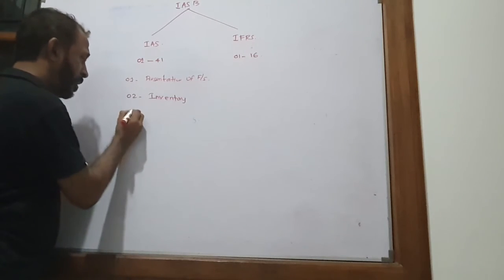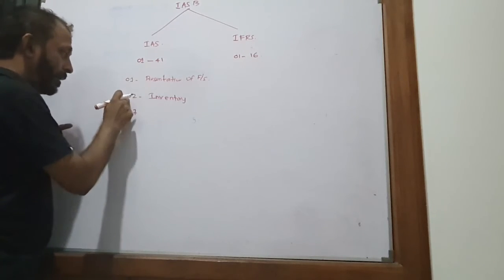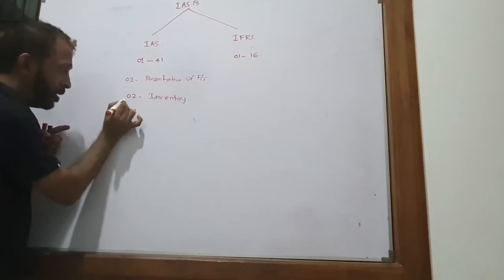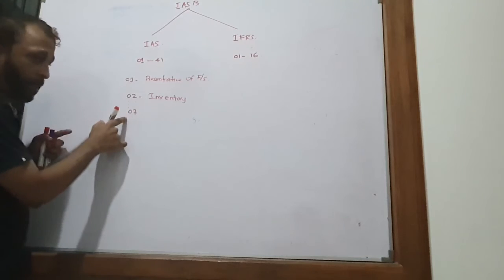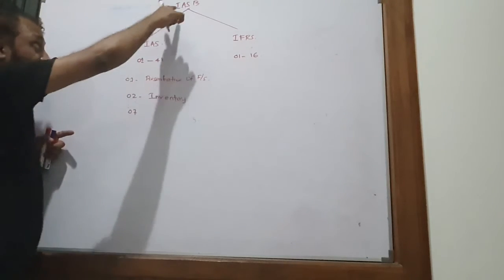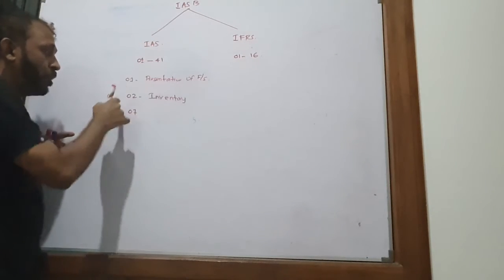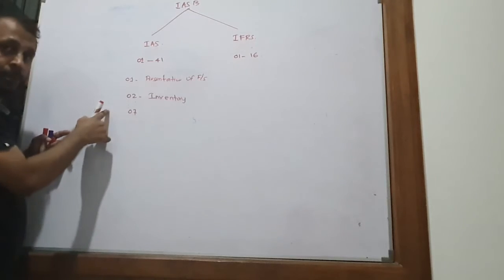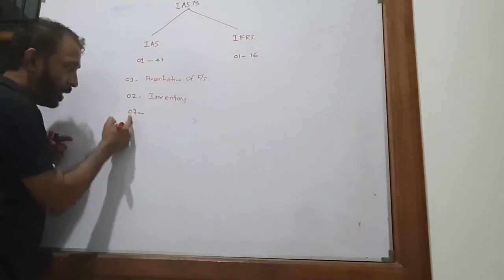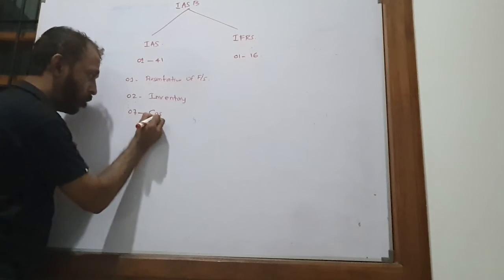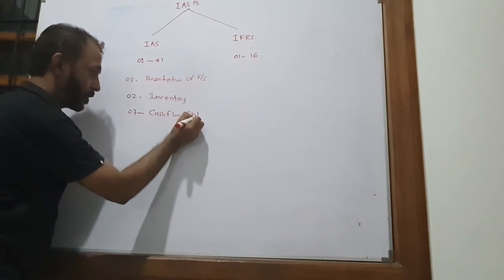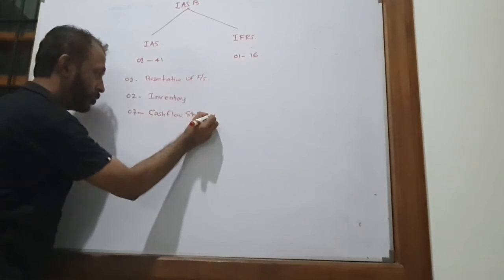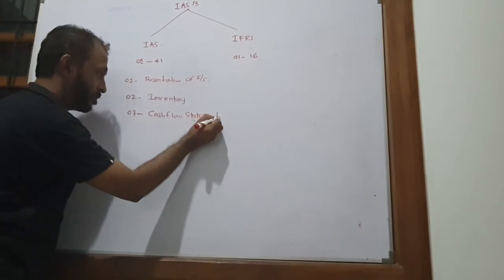Numbers 3, 4, 5 and 6 are not there, meaning the IASB board has removed those numbers. Accordingly, IAS 7 is cash flow statements.